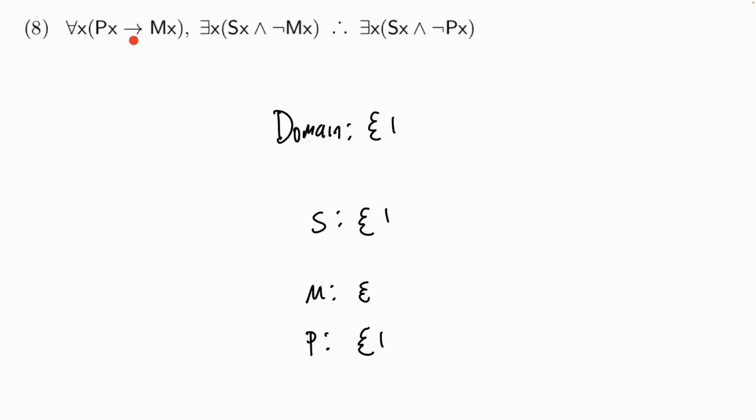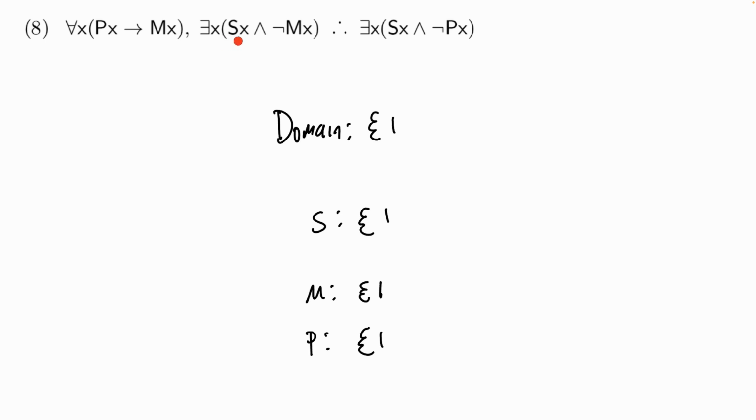Let's try to make the first premise true. This says everything that's P is M. So here we have the number 1 being P. So to make the first premise true, that would have to be M. But now if we put 1 in the extension of M, we no longer have this second premise being true anymore.